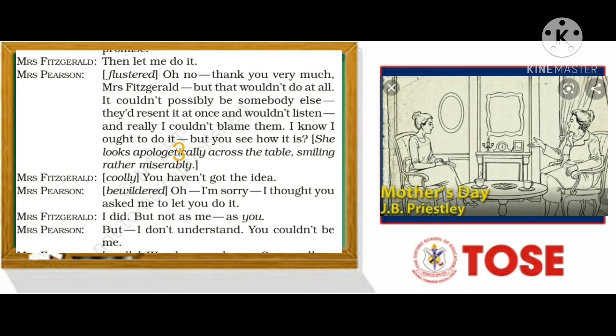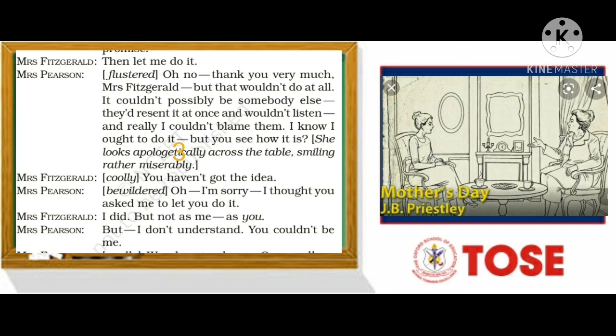It could not be anybody else doing this, and they might become angry about that. And so, looking at the table, Mrs. Pearson, rather smiling, said, but see how it is. So she was basically showing the situation, that she had not been able to start anything and how it looked.